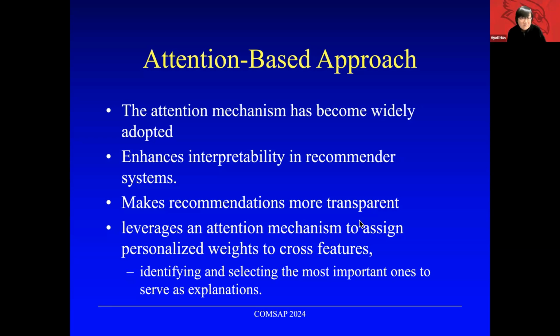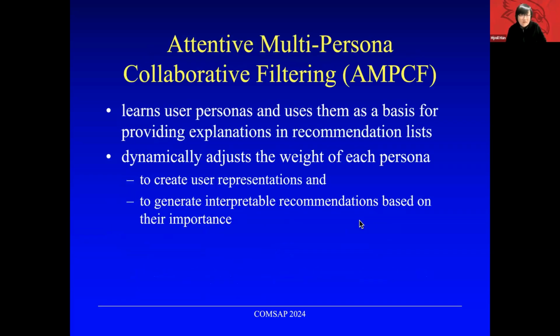This approach leverages an attention mechanism to assign personalized weights to features so that we can select the most important ones to provide as explanations. In the attention-based approach, there is a system proposed by a researcher, attention multi-personal collaborative filtering, and it learns user personas and uses them as a basis for providing explanations.